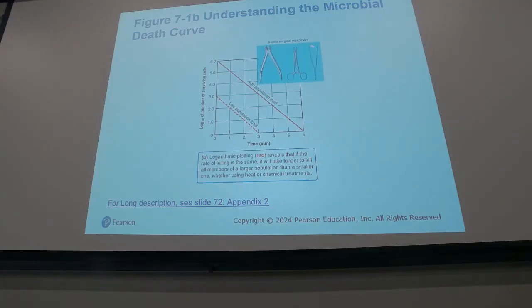If these were surgical instruments, and you start with the high population load, which has 6 log 10 microbes versus 3, it would take you twice the time to reduce this to at least one survivor. So for the low population load, it takes 3 minutes, and here it takes 6 minutes.